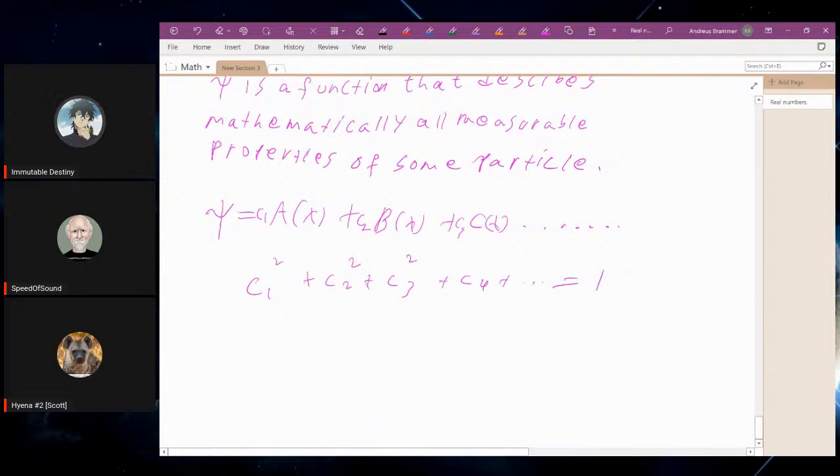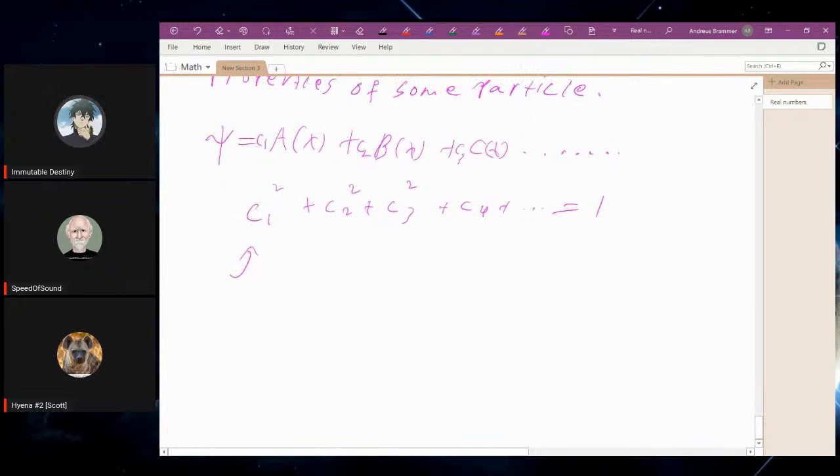So what this describes, as a matter of fact, is the probability of finding the particle at some position.